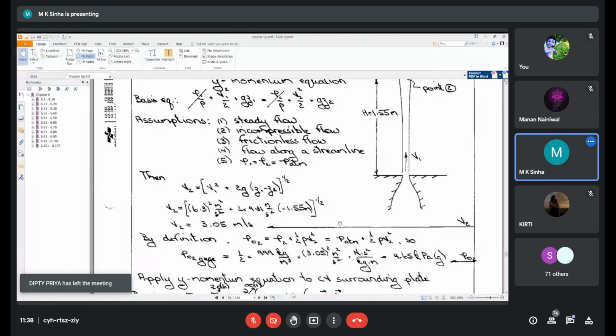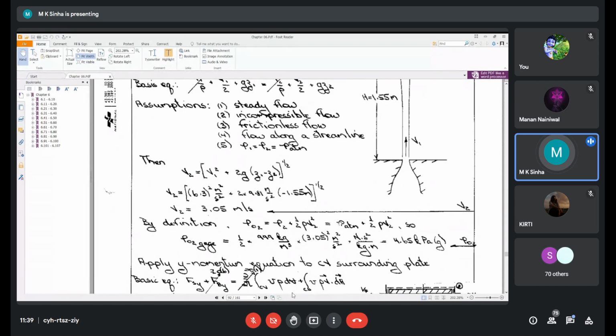The pressure at that point: P2 plus half rho V2 squared equals P atmospheric plus half rho V1 squared.